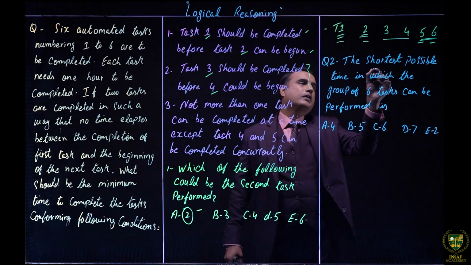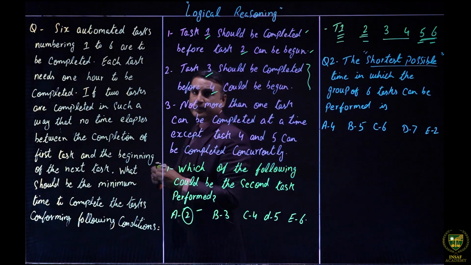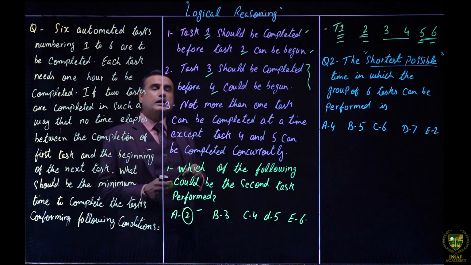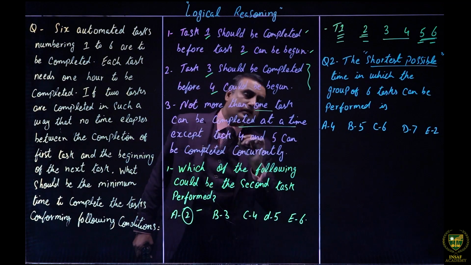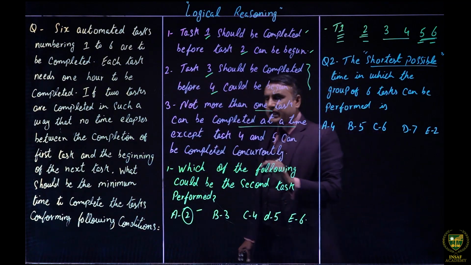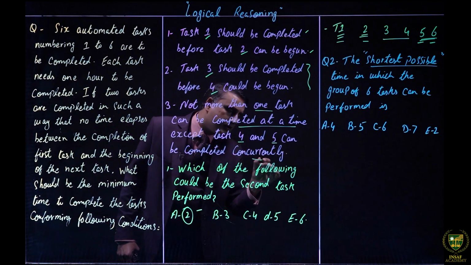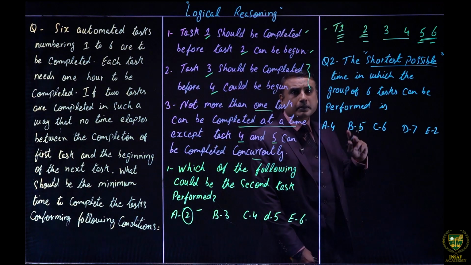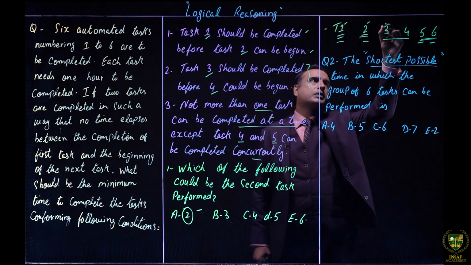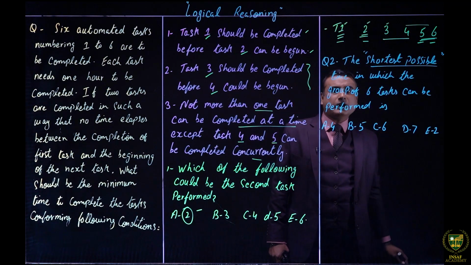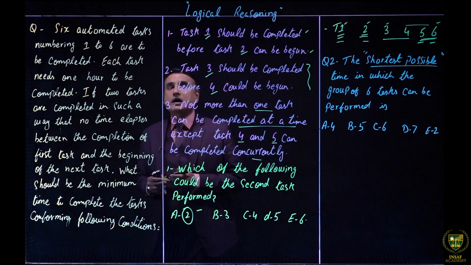But remember, we have been asked to tell the shortest possible time. अब shortest possible time की जब हम बात करेंगे तो हमने कहा कि no more than 1 task can be completed at a time. ये तो हो गया, लेकिन साथ हमने क्या किया कि 4 and 5 can be completed concurrently. इनको हम at the same time कर सकते हैं. तो पहले हम 1 करेंगे, फिर 2 करेंगे, फिर 3 करेंगे, 4, 5 को हम 1 घंटे में इकट्ठा कर लेंगे और फिर हम will move to our task 6.